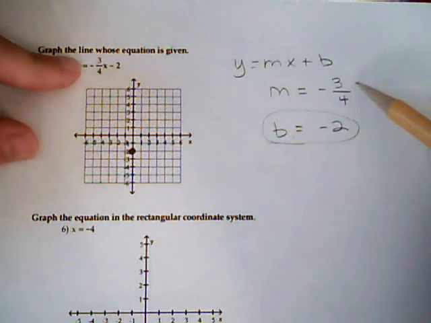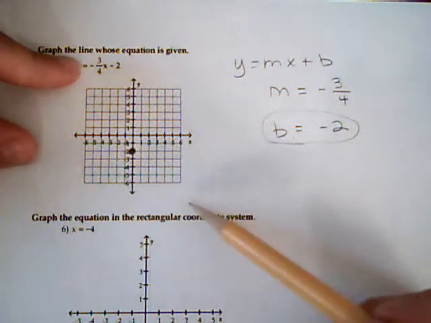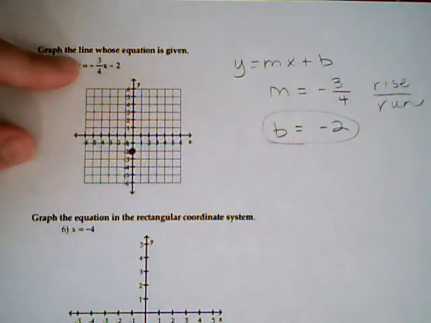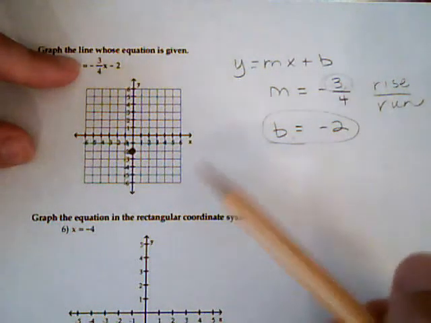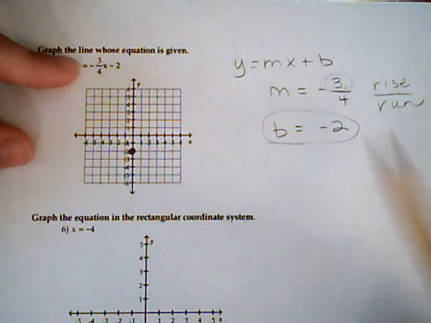And then my slope is negative 3/4. If it's a negative slope, I know that that line should be going down to the right. Sometimes we think of slope as being rise over run. If you've heard that before, that means the top number is how my line is changing vertically. The bottom number is how it's changing horizontally.